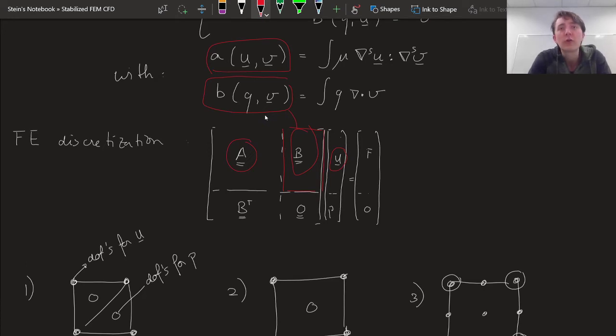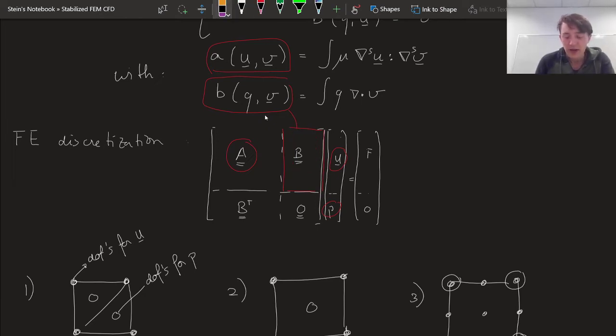And those conditions were important for finding a pressure solution after we had already found a velocity solution. Right? So the first LBB condition guarantees the existence of some velocity field that satisfies the equations, and the second LBB condition then guarantees the existence of also a pressure field, given that velocity field.